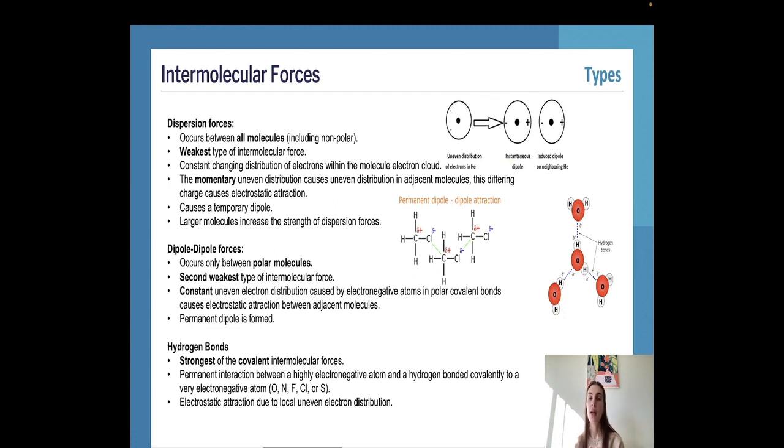That means the chlorine of one chloromethane molecule is going to be attracted to the partially positive carbons of the neighboring chloromethane molecules. That provides the attraction due to that constant uneven electron distribution and that permanent dipole which is being formed.